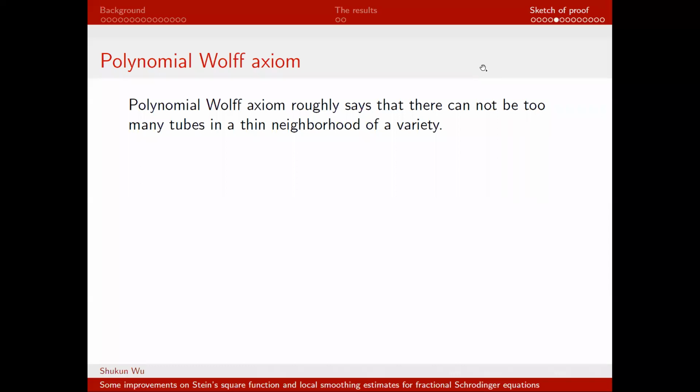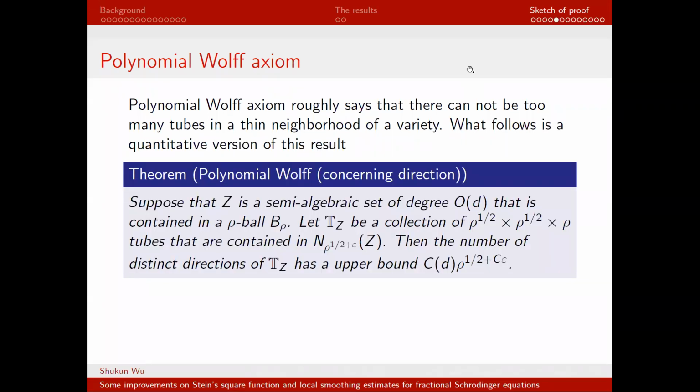Okay, the other main method we use is the polynomial Wolff axiom. So the polynomial Wolff axiom roughly says that there cannot be too many tubes in the same neighborhood of a variety. And here is a quantitative version of the result. Suppose that Z is a semi-algebraic set, which you can just think of as a variety inside a ball, and suppose that Z is contained in the ball B_rho.